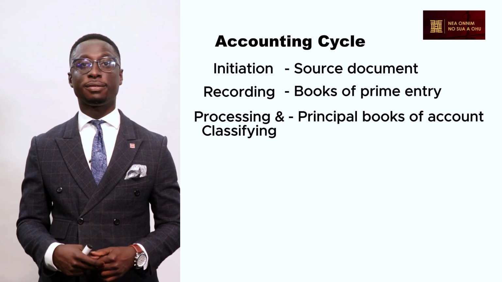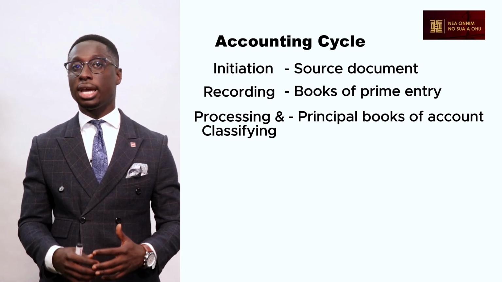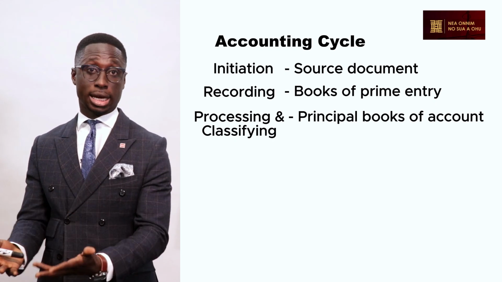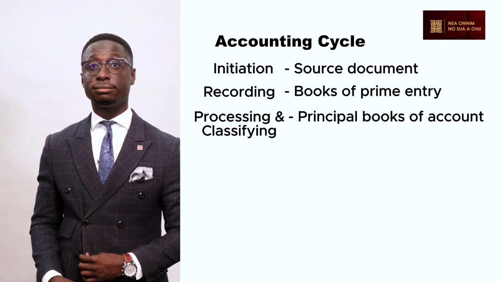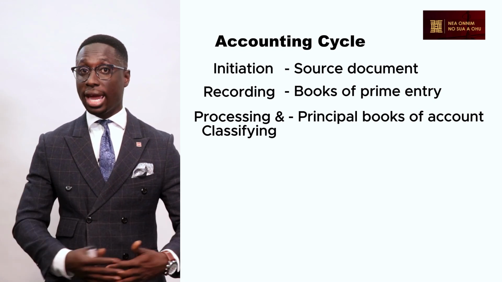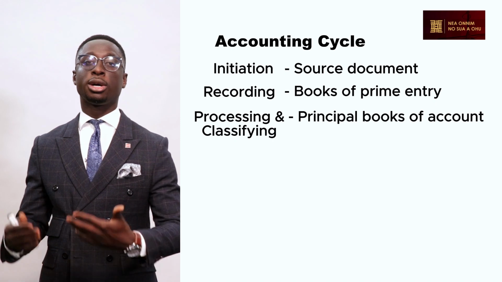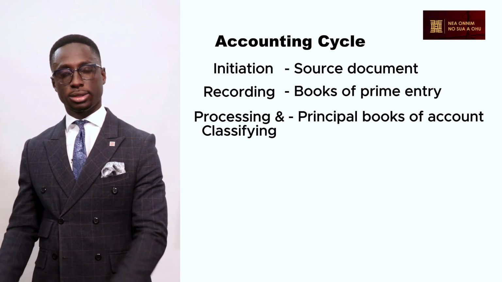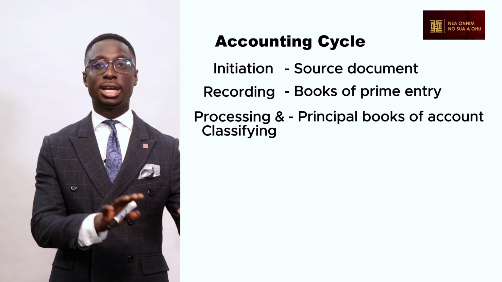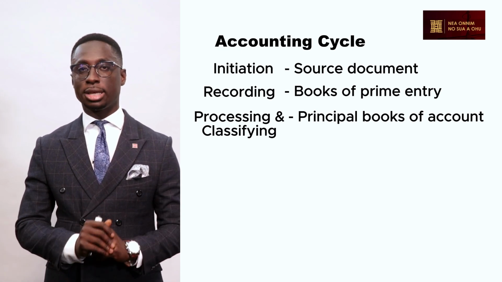So you could have a cash account, you could have a bank account, you could have an inventory account, you could have an expense account, you could have a revenue account. So those are the principal books of accounts. So that is processing and classifying. So that's the third step done.